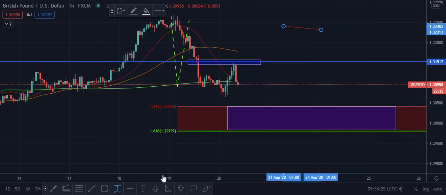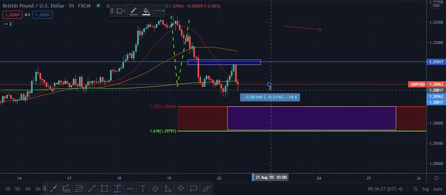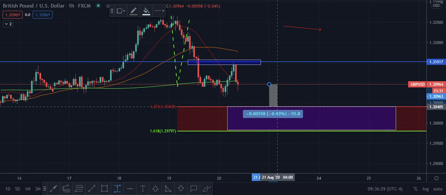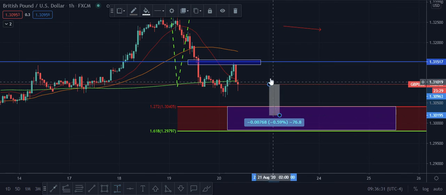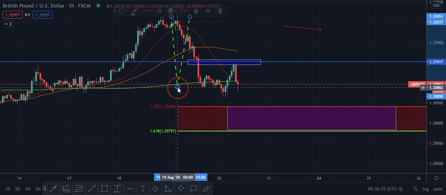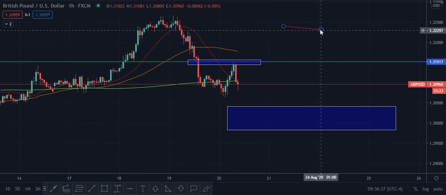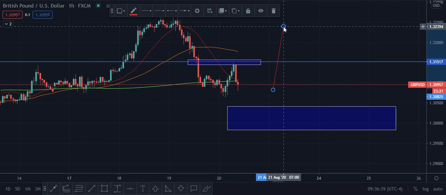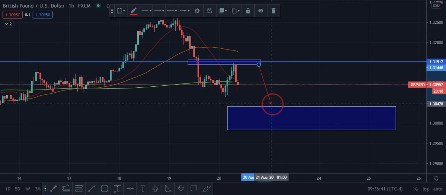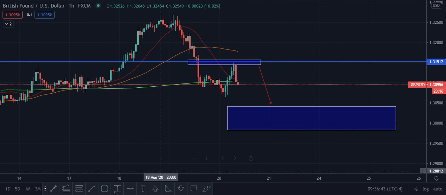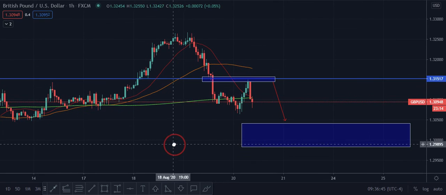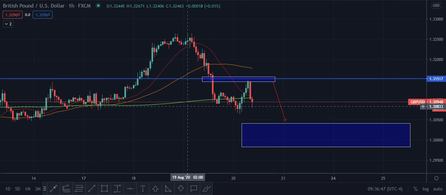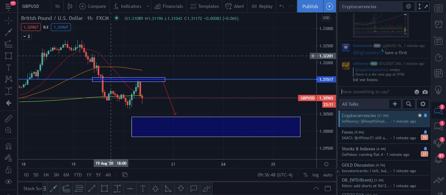Price is currently right here, so we don't know what it's going to do, but to at least this zone, that's 76 something pips. So that's not bad as well. All right, so we're going to just do this. Boom. All right. There we go. All right, so see how that plays out. Okay. That's the British pound, US dollar.